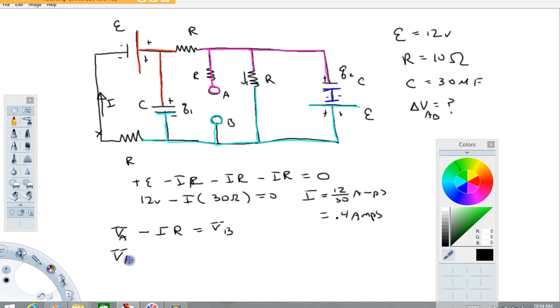Let's call this potential A minus potential B, and then this term on the right is going to equal IR, which is 0.4 amps times a resistor of 10 ohms, which is 4 volts. So the difference in potential between A and B is 4 volts. You notice it came out positive, meaning that potential A is higher than B.